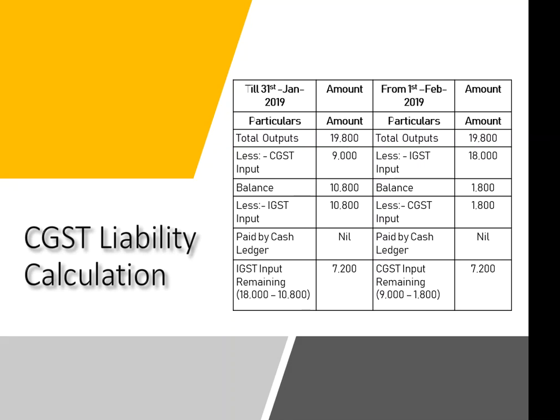So IGST input was 18,000. We'll first adjust the full IGST amount from the output tax. The balance liability will be 1,800, which will be further adjusted through CGST input. By doing so, we have a CGST input remaining of around 7,200, which was not in the earlier case.